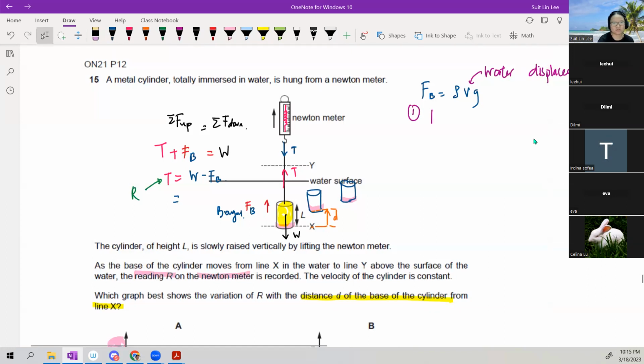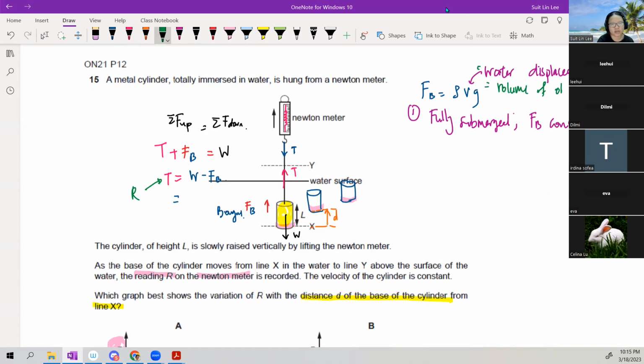So number one, when fully submerged, FB is constant. This water displaced is also a fancy way to say the volume of the object submerged in water. So meaning from here to here to here, the value of T is constant. Because I didn't change the upthrust now. So T is the same.